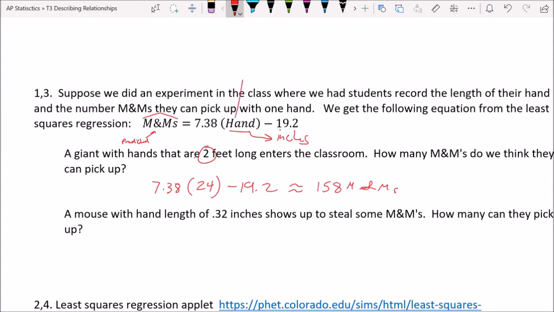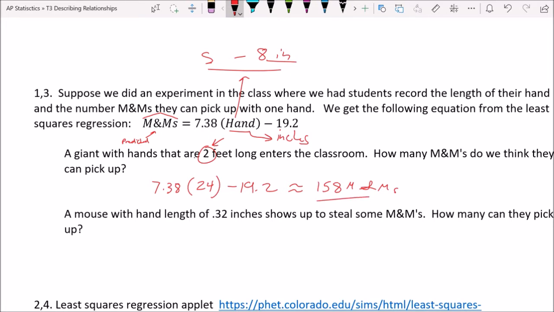The values used to make this, from high schoolers, are probably between 5 and 8 inches. So would we expect the pattern we found for people with hands of this size to still apply for people whose hands are 2 feet long? I don't know. Maybe. It's possible, but we should be careful just saying a giant is definitely going to be around 158, because we don't know if that's going to hold up.